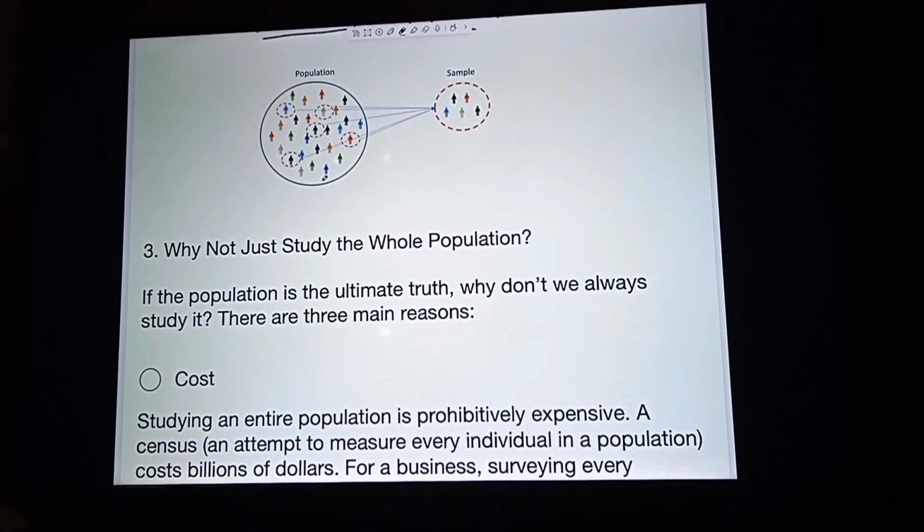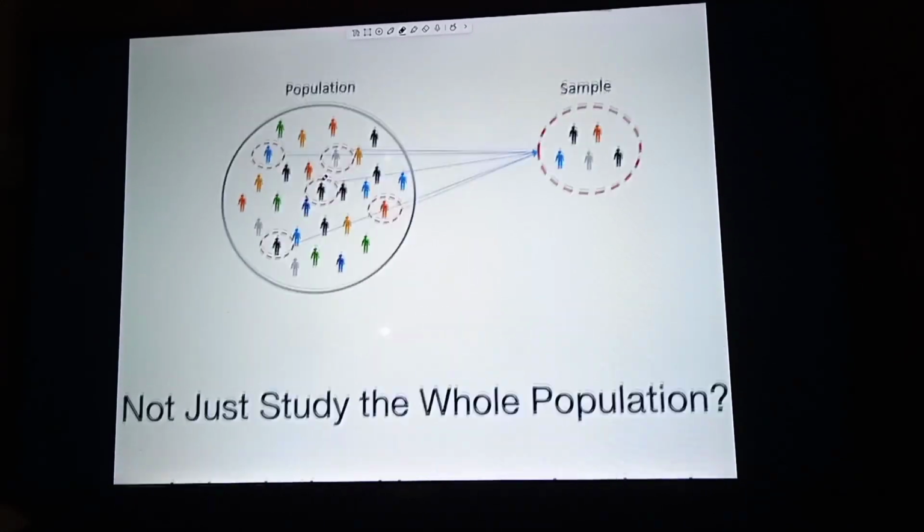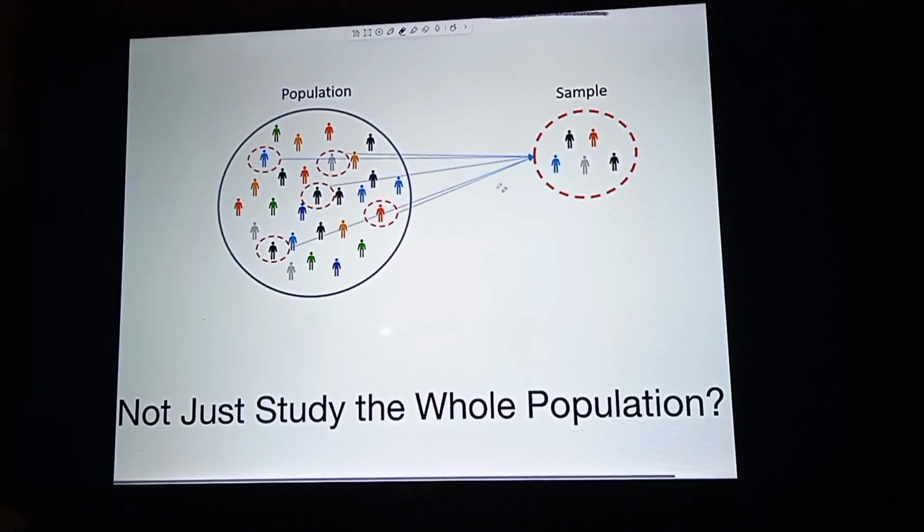Okay. Here is the example or image of population versus sample. So this is the target population. Now if we want to study all these individuals, this would not be possible because it will take time and it will be expensive.